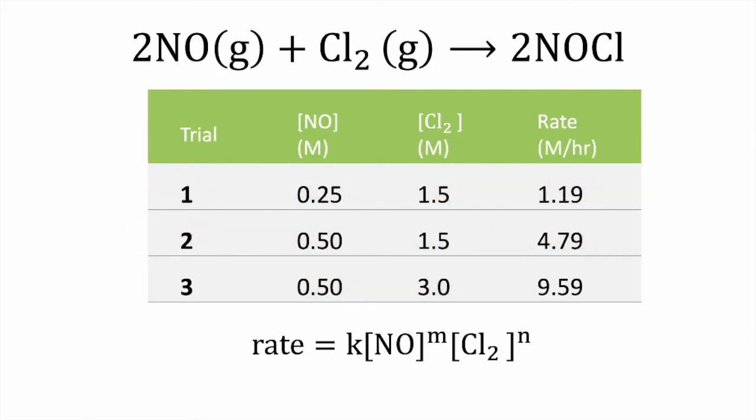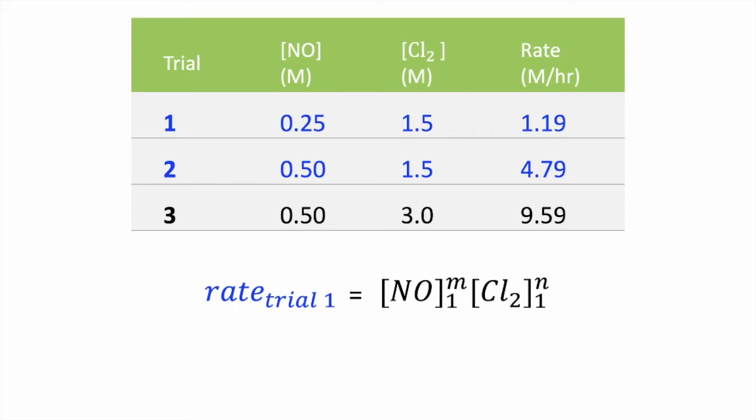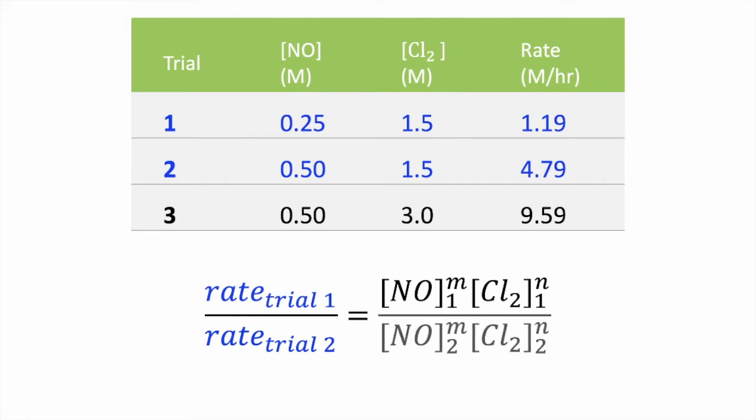So let's first look at trials 1 and 2, where the concentration of chlorine is held constant. We're going to take our rate law for the first trial, that little subscript 1 says this is trial 1, and we're going to divide that rate law by the rate law for the second trial with our subscript 2. And now we can look at the table and put in the numbers that correspond to these values.